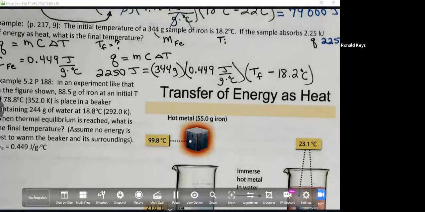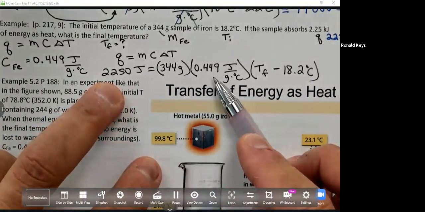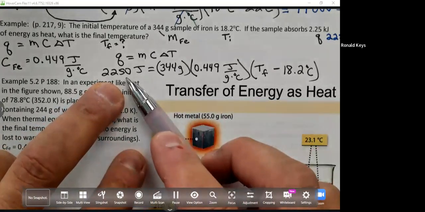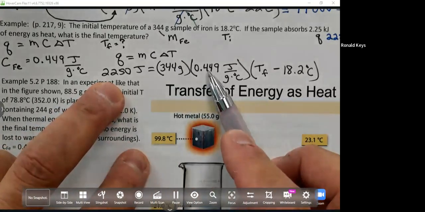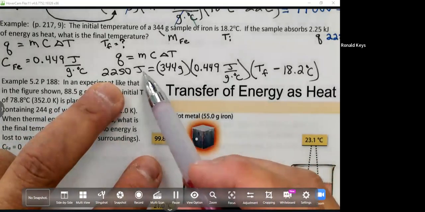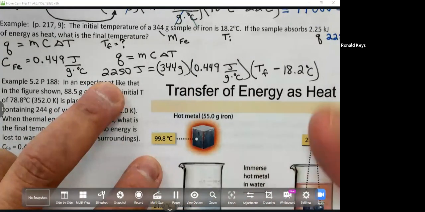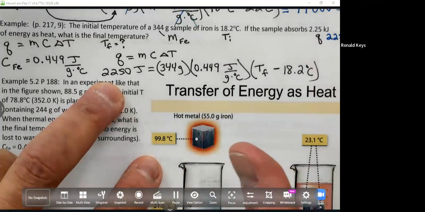Now, how do you solve this? What's the quick way to do it? I would probably take the 2250 and divide. I know my units are going to be correct; they're accounted for.